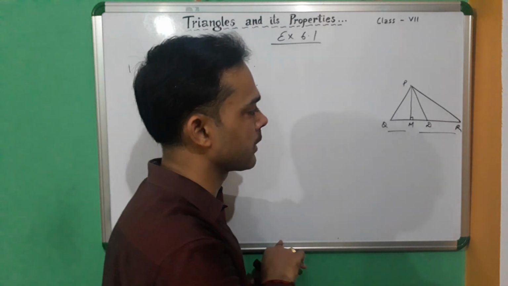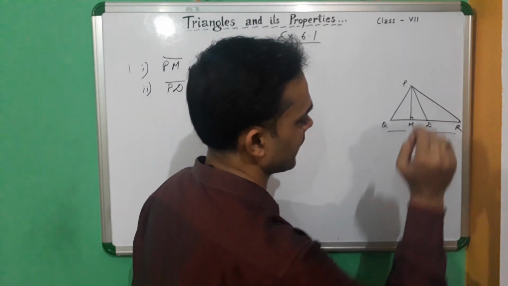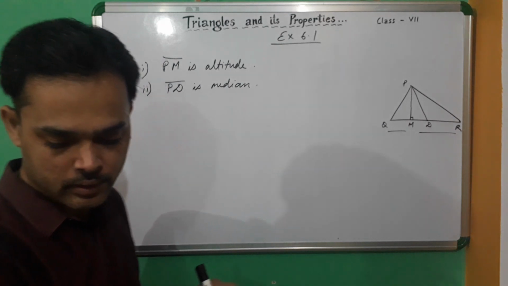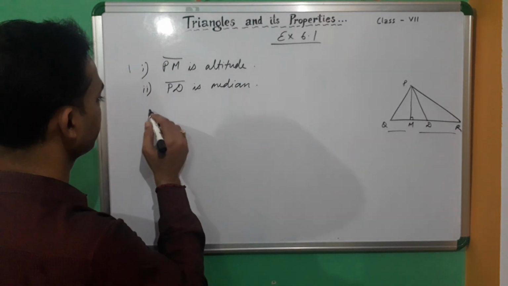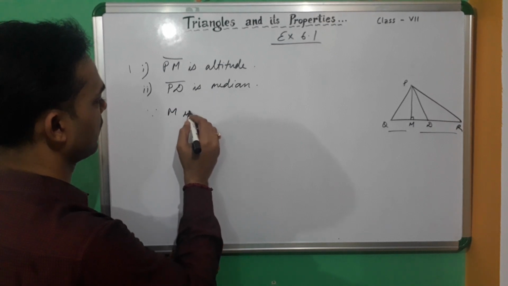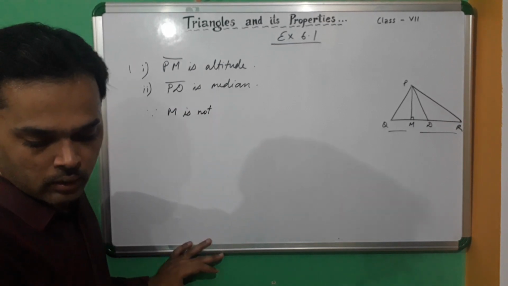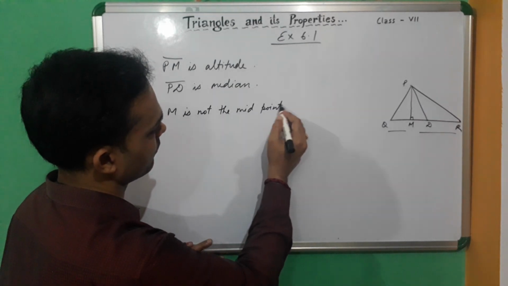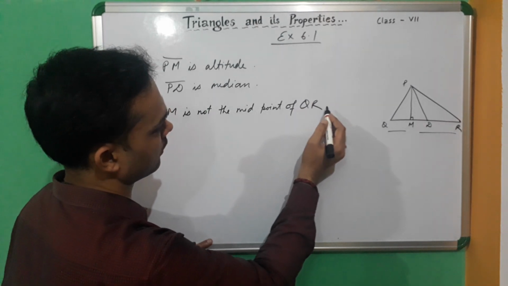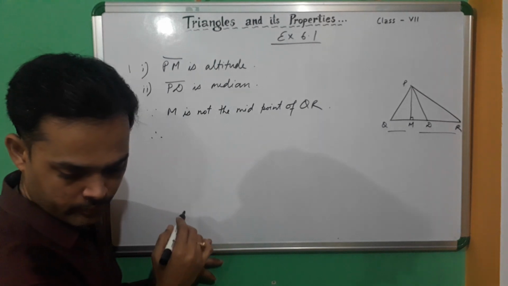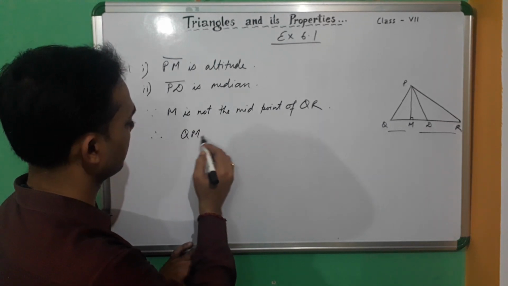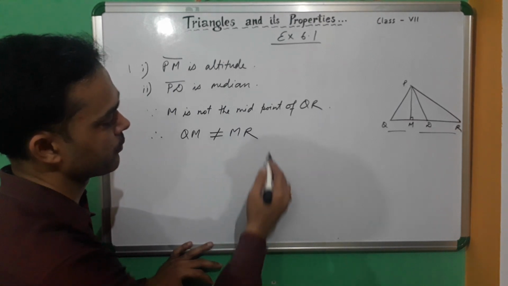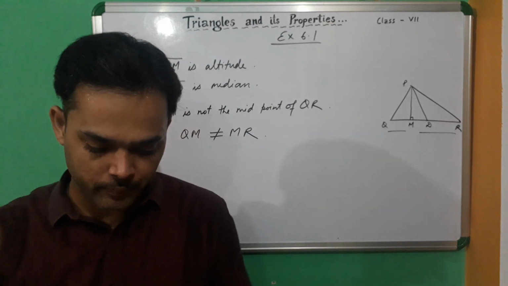So if D is midpoint, it means that QD will be equal to DR, not QM equal to MR. And that is why, since M is not the midpoint of QR, therefore QM is not equal to MR. Okay, so this is your question number 1.